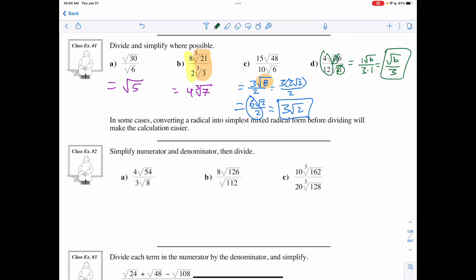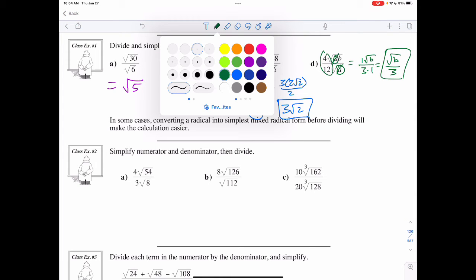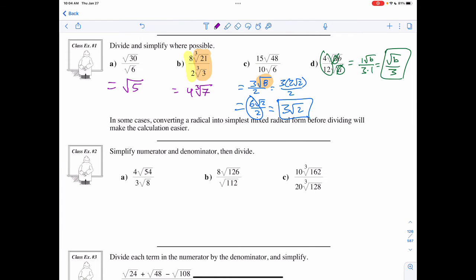Just like with multiplying, in some cases, converting a radical into simplest mixed radical form will make it easier to actually calculate. So in this case, we're going to convert these before we do it. Instead of trying to divide out here and divide out here, I'm going to simplify this and simplify this as my first step, which means that this is going to give me 4 and 3 root 6 over 3 and 2 root 2.